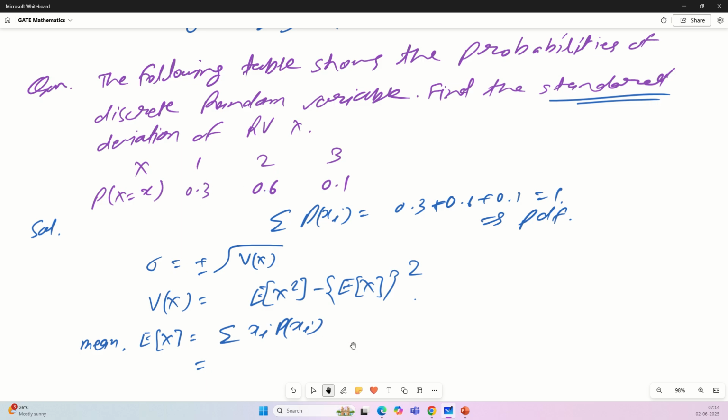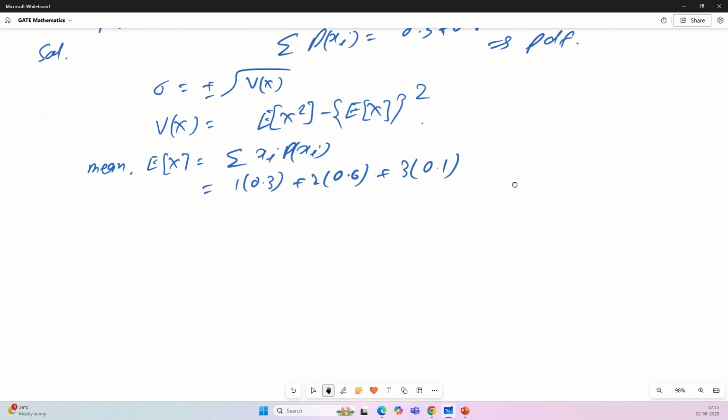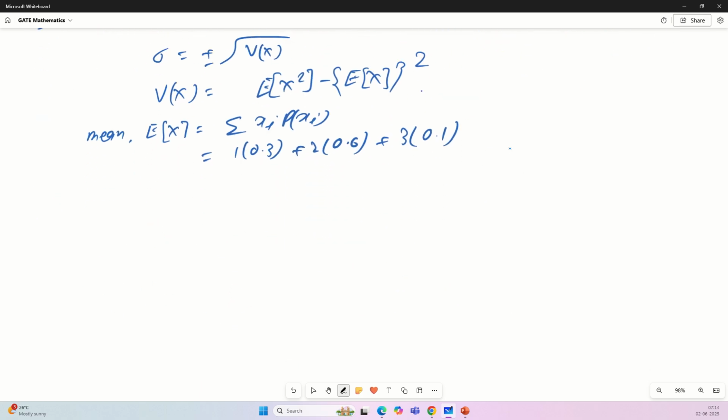So we write 1 into 0.3 plus 2 into 0.6 plus 3 into 0.1. That gives 0.3 plus 1.2 plus 0.3, which is 1.8.